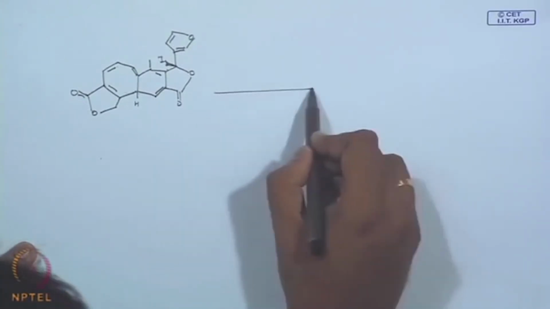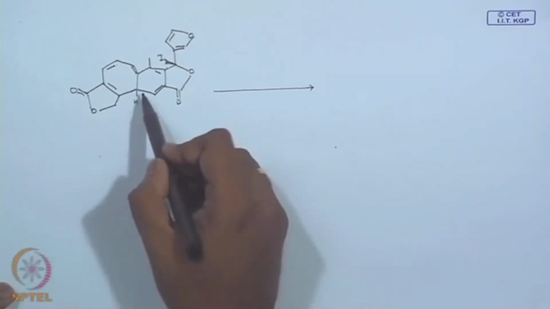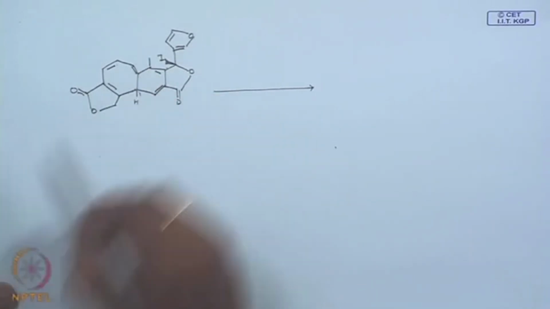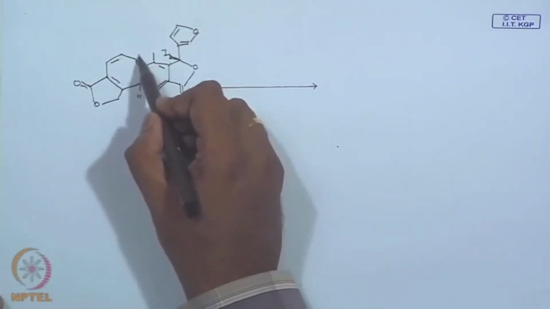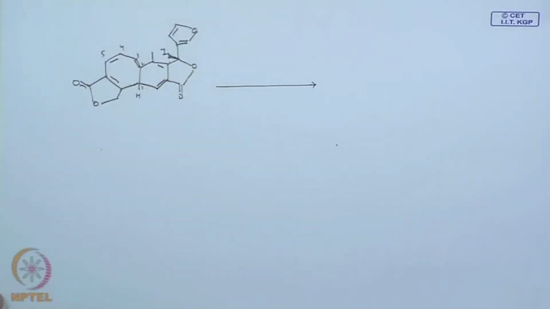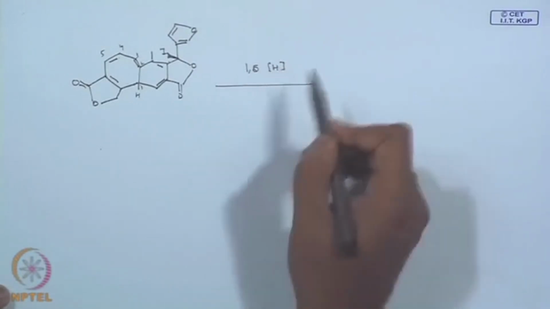Interestingly, this molecule again undergoes another interesting reaction. What is that? Can you think what will happen again? Any idea? You can easily think about one. Anyone want to guess this? Again think about 1, 2, 3, 4, 5. I can do one more 1,5 hydrogen sigmatropic shift.